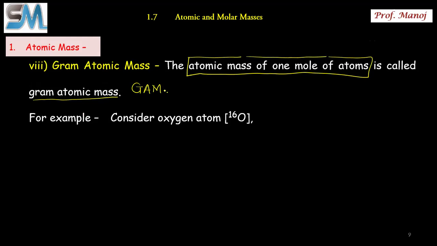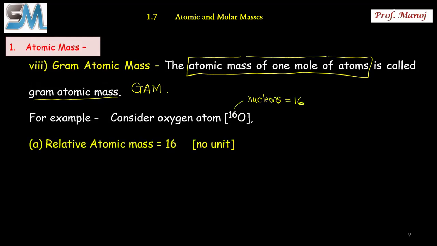Consider oxygen 16. Now focus, very, very important. Consider oxygen 16. You can see its number of nucleons is clearly given to you as 16. So, what is relative atomic mass of it? Number of nucleons, 16.